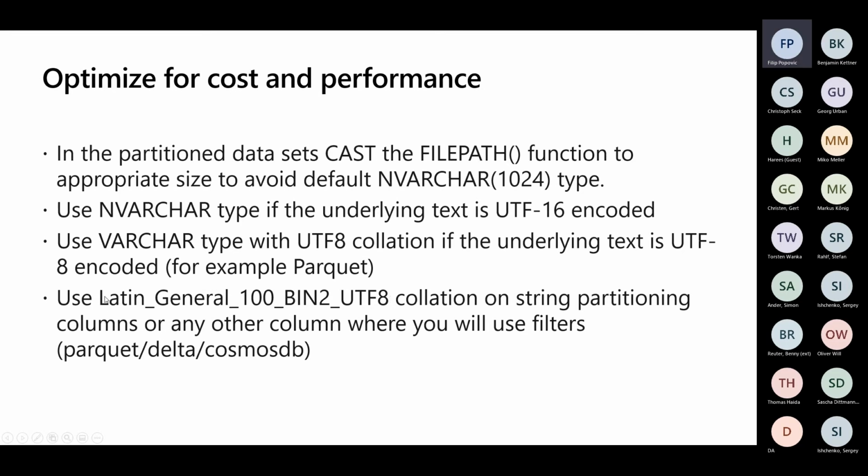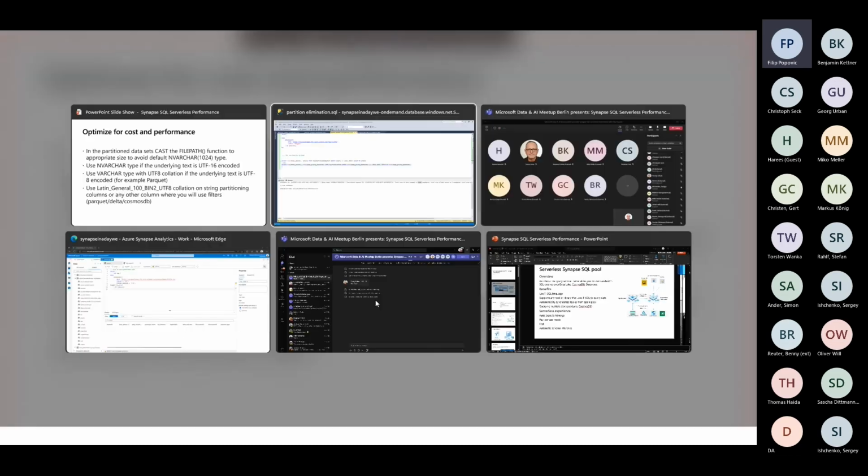And you can alter the database level collation and then write your queries, or you can specify data types and collation within the OPENROWSET, if you like, whatever suits you. But it's important that your columns in the table need to be of this collation in order for row group elimination to kick in, for character columns, of course.